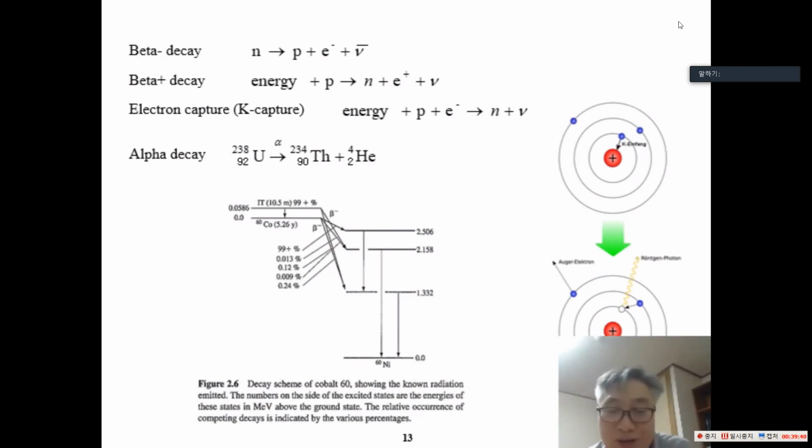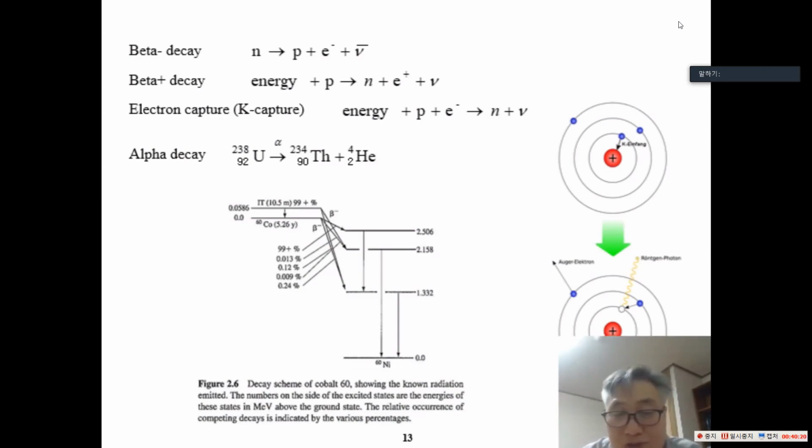This figure shows that almost 99% of cobalt-60 decays into the 2.506 energy state of nickel-60, and it emits the first arrow, this one, to go to the 1.332 energy level. There is one gamma, and from 1.332, in order to become ground state nickel-60, it emits another gamma.